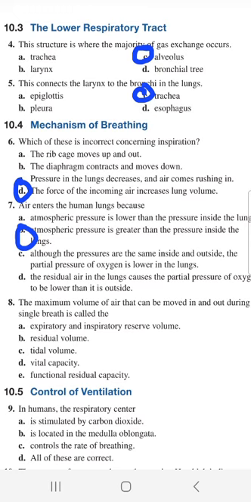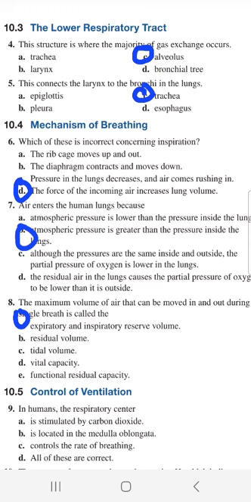Question number 8. The maximum volume of air that can be moved in and out during a single breath is called... So maximum, I can rule out tidal volume because this is the normal amount. Expiratory and inspiratory reserve volume?